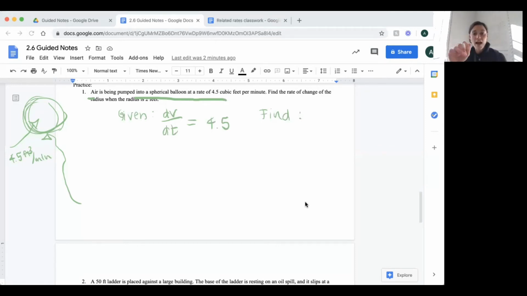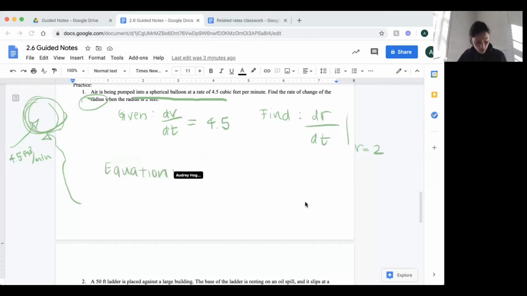They're asking us to find the rate of change, ding, ding, ding, d something over dt of the radius. So that's going to be dr over dt, the rate of change of the radius in terms of time, at the moment that the radius is equal to 2 feet. So remember that up and down bar means evaluated at, or at the time that, okay, so that's what I want to find. Finally, equation.